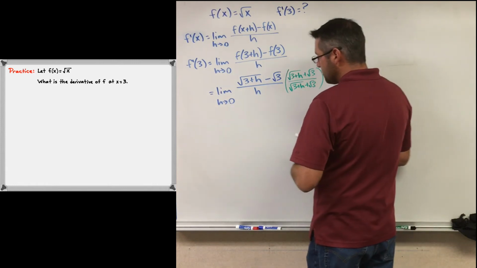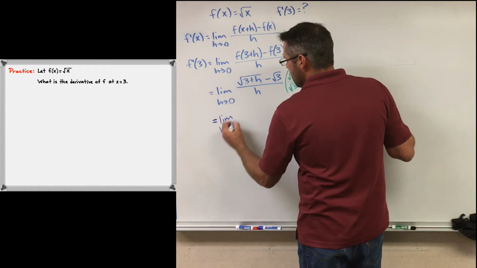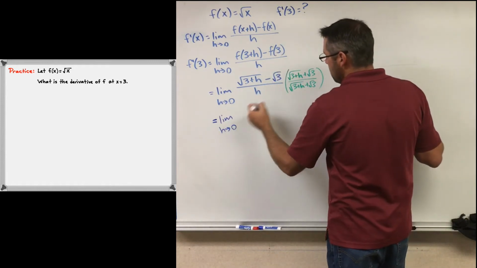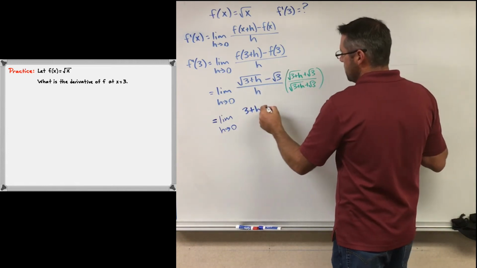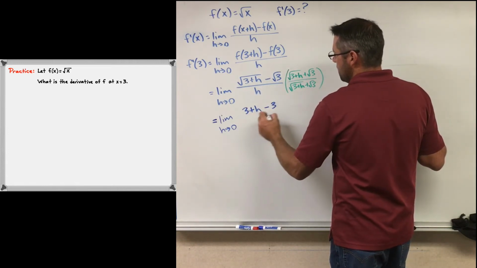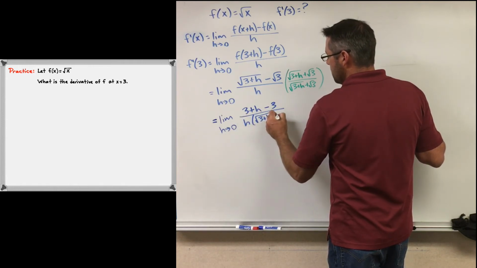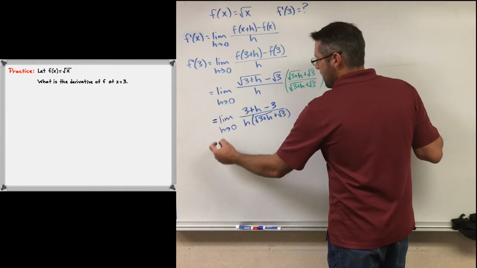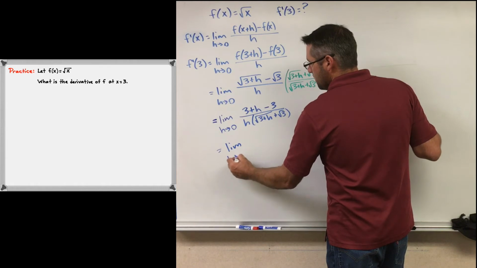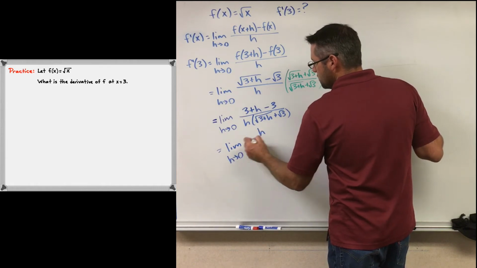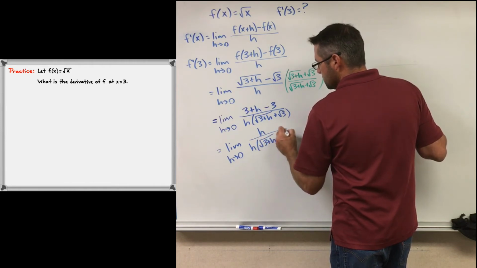So we end up with the limit as h approaches 0, and then distributing the top, we're going to end up with just 3 plus h because the radicals go away. Those are difference of squares essentially, so that's going to be minus 3. And then over h times radical 3 plus h plus radical 3. Now from here, we see the 3 minus 3 cancels out. So we got limit as h approaches 0 of h over h times radical 3 plus h plus radical 3.